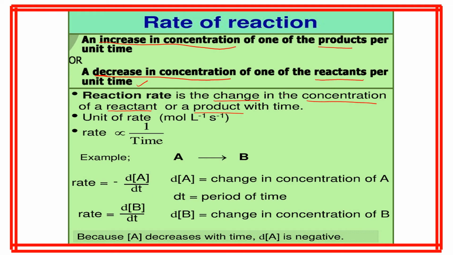That means for the reactant, the concentration will be decreased, and for the products, concentration will be increased with respect to time. This is the rate of reaction definition. Right?